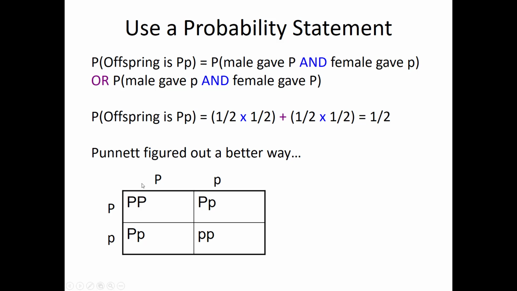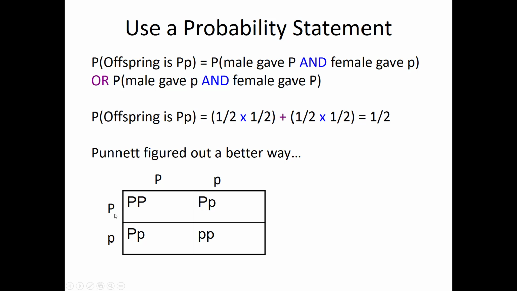You can do it by Punnett squares, as Punnett showed. Each of the cells in this 2 by 2 table represents the result of transmissions of the values on both the vertical and the horizontal sides. So in this cell, a big P and a big P were transmitted.